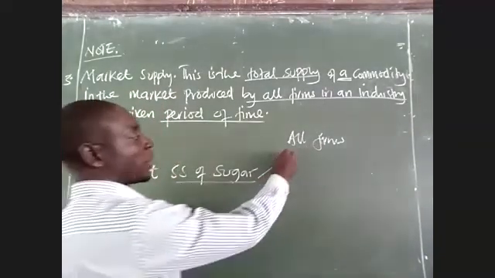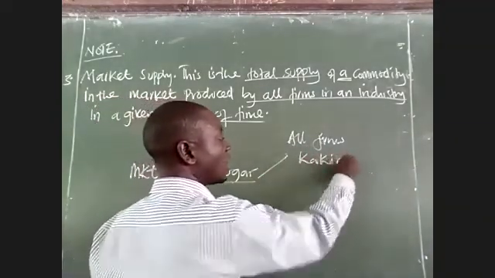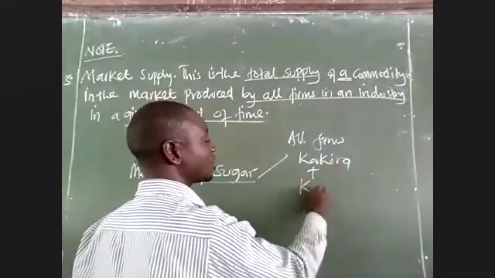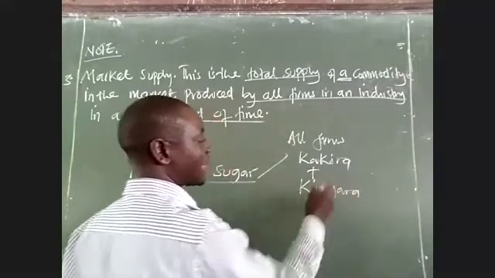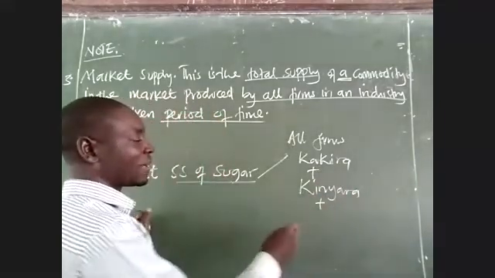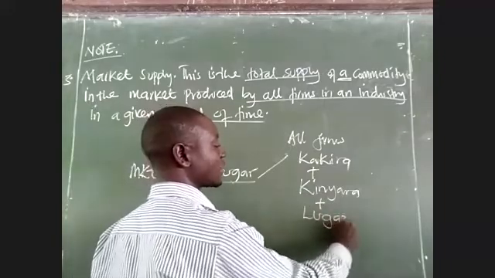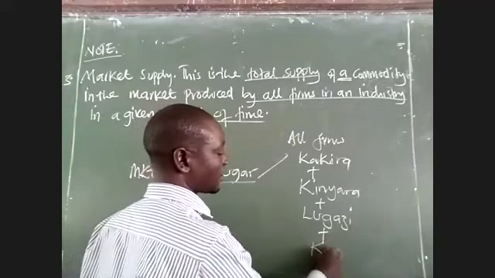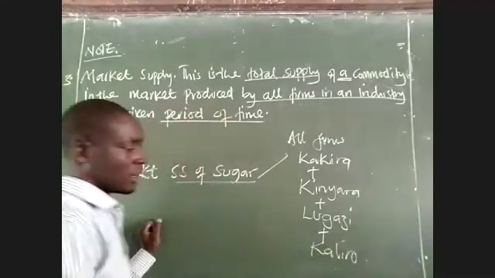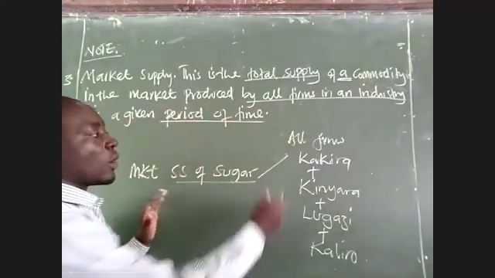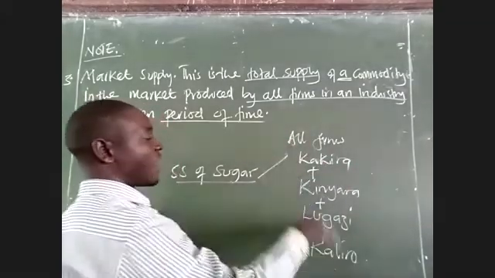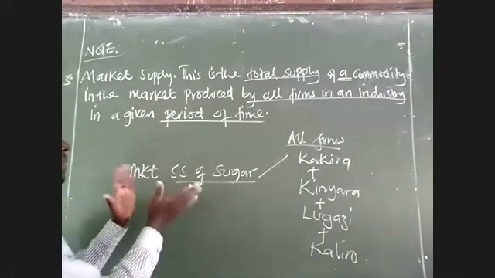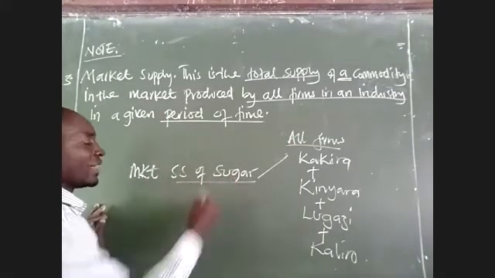So we add up what is produced by Kakira, plus sugar produced and supplied by Chinyara, plus sugar produced and supplied by Lugazi, plus sugar produced and supplied by Kariro. So we add up what is produced by all these farms that produce that particular commodity in the market. Then we come up with what we call market supply for sugar.